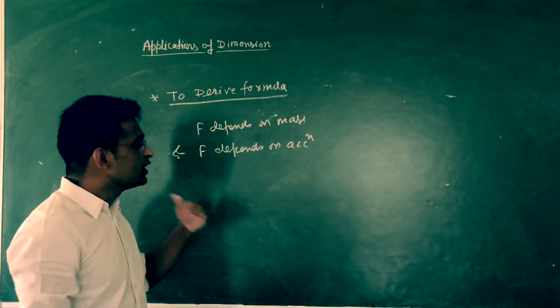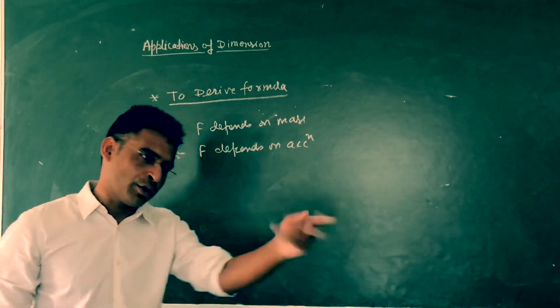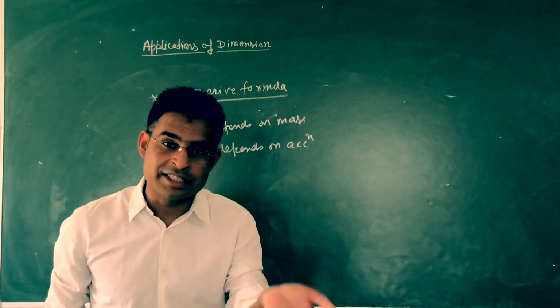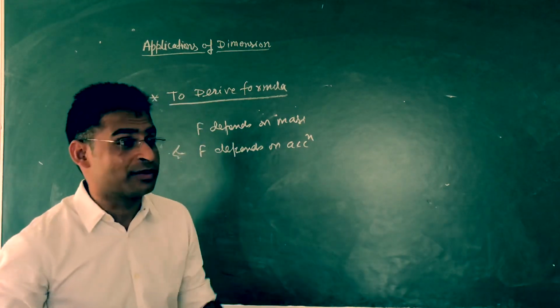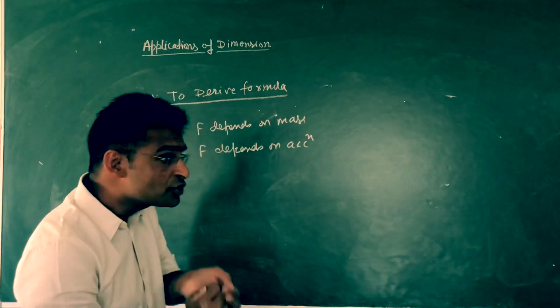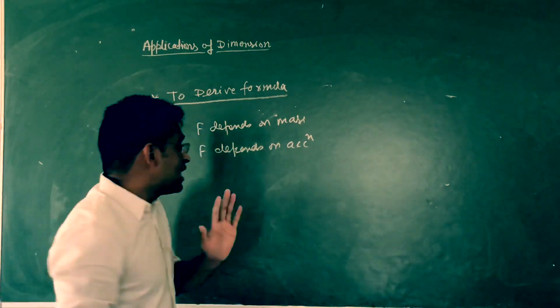Once again I repeat, it's given in the question: force depends on mass, force depends on acceleration. Now they are asking what the relation between force, mass and acceleration will be. So using dimension I need to derive it.